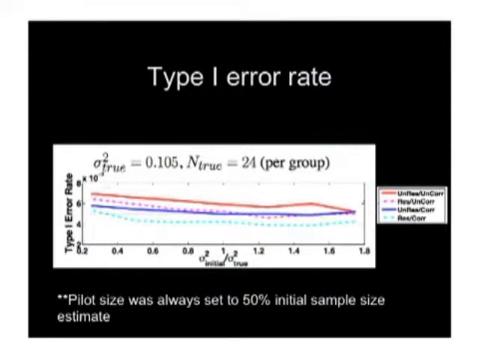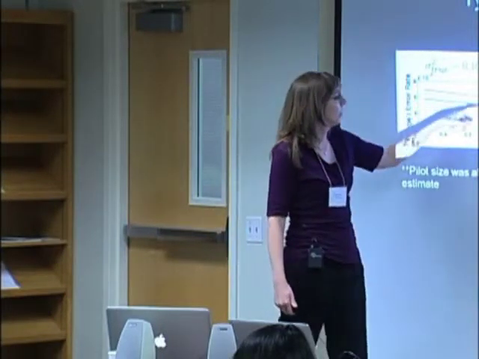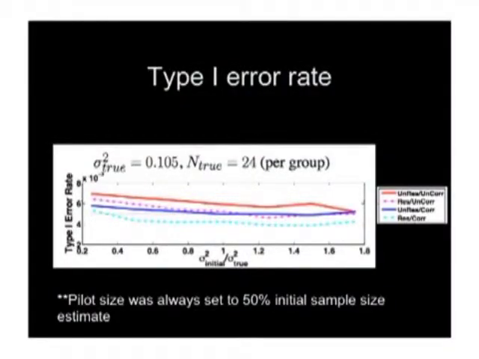The solid lines, the red is unrestricted, uncorrected. And you can see the type 1 error rate's very high, which again isn't good. But with the bias correction, what's interesting is that the approach that's more appealing, this unrestricted approach where you can have your final sample size go up or down, you can get similar results as the restricted design that's uncorrected.